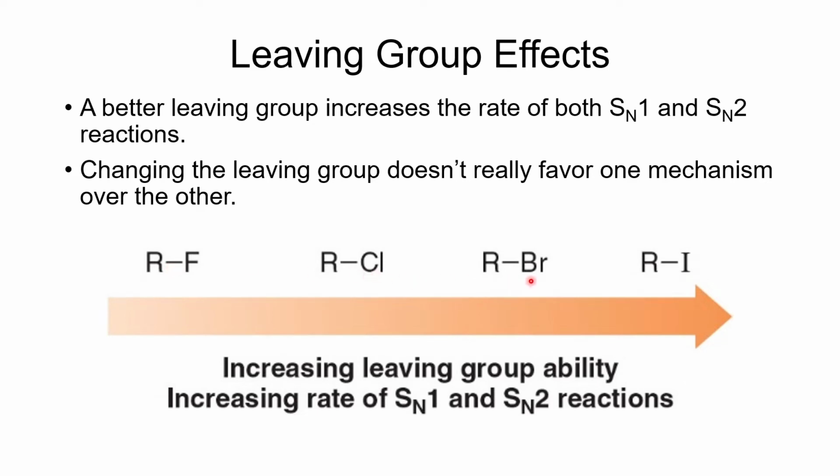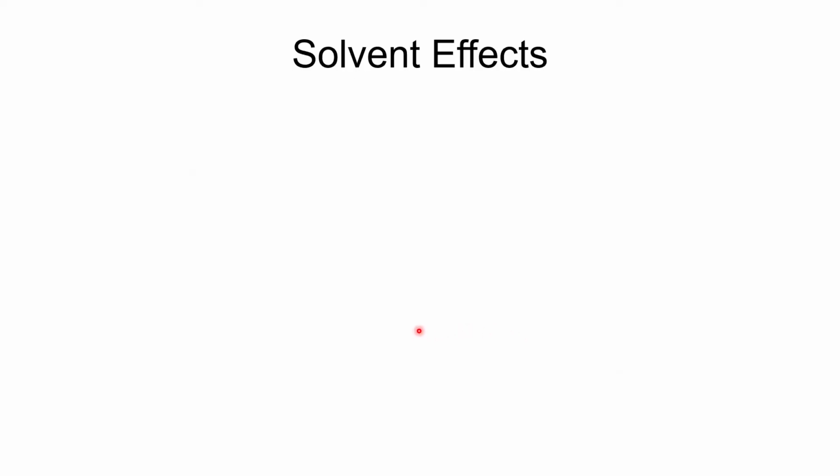Chloride's good, bromide's better, iodide is the best as far as leaving group goes. But changing from one to another is not really going to change which mechanism you're going to follow, because both the SN1 and the SN2 require that the carbon-halogen bond be broken in the rate determining step.